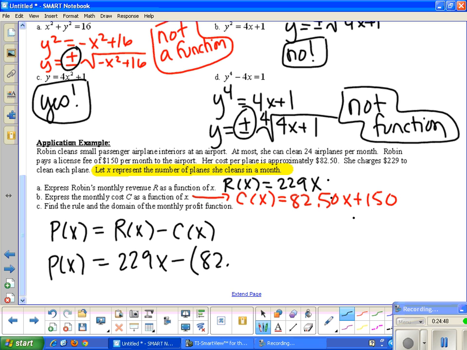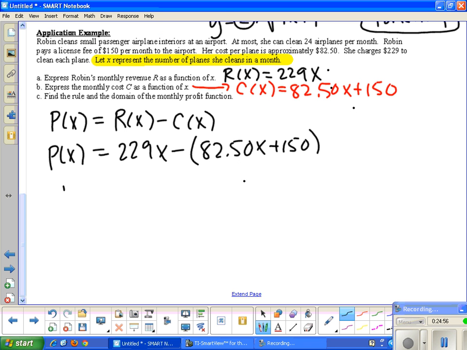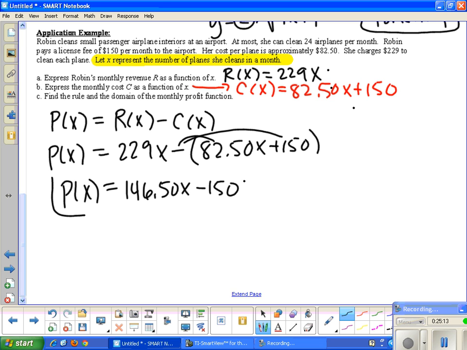I'm going to put it in parentheses because we're going to have to distribute that negative. And then, of course, you would just want to go ahead and simplify this. So your profit function is equal to, distribute the negative and combine like terms. So we have negative 150, or you would see the x's first, so 146.50x minus 150. So this right here would be my profit function.